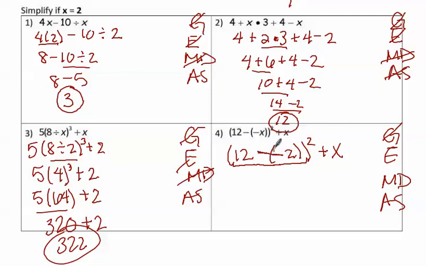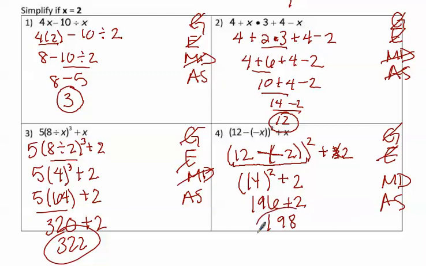Minus a negative is plus a positive. So 12 plus 2 is 14. Keep those outside parentheses. Those are squared plus 2. Exponents: 14 squared is 196 plus 2, which is 198.